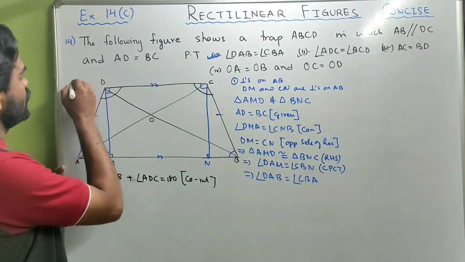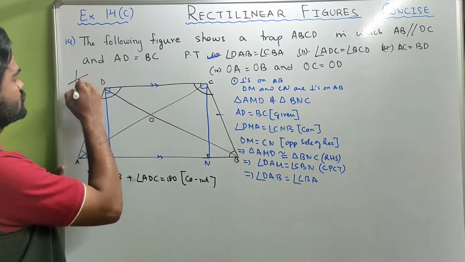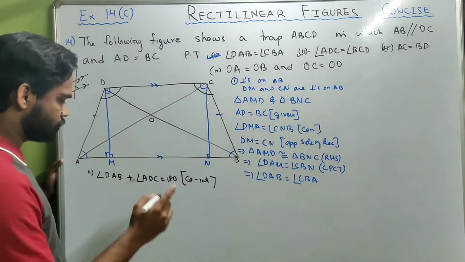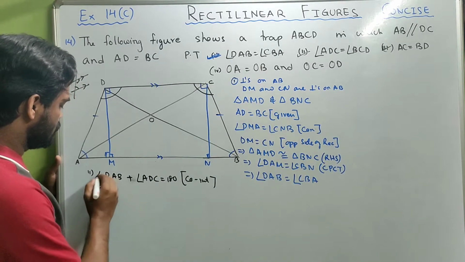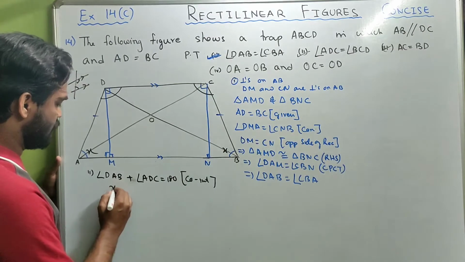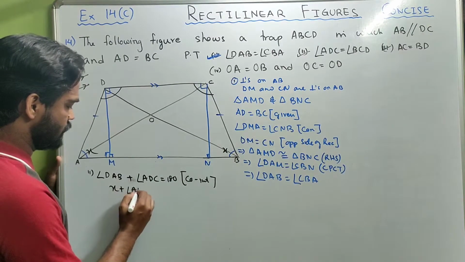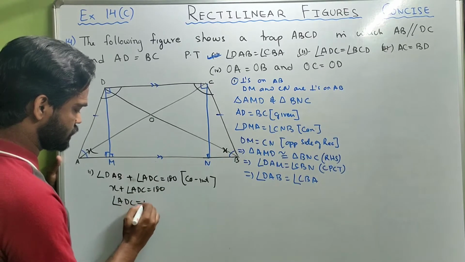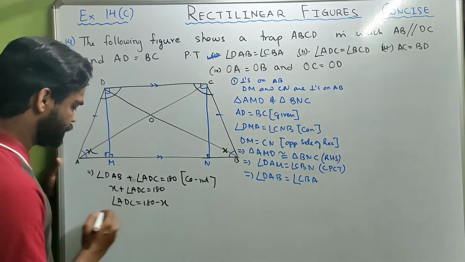We know if two lines are parallel, then this and this angle add to give 180. Suppose I take this as X, so DAB is X, plus angle ADC is equal to 180, which means angle ADC is equal to 180 minus X degrees.